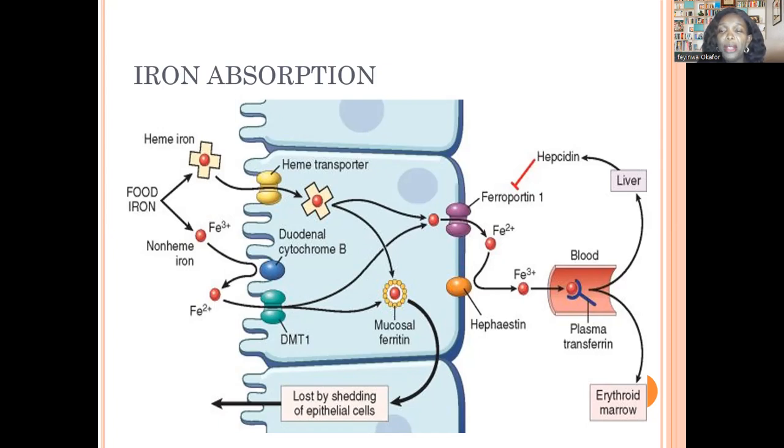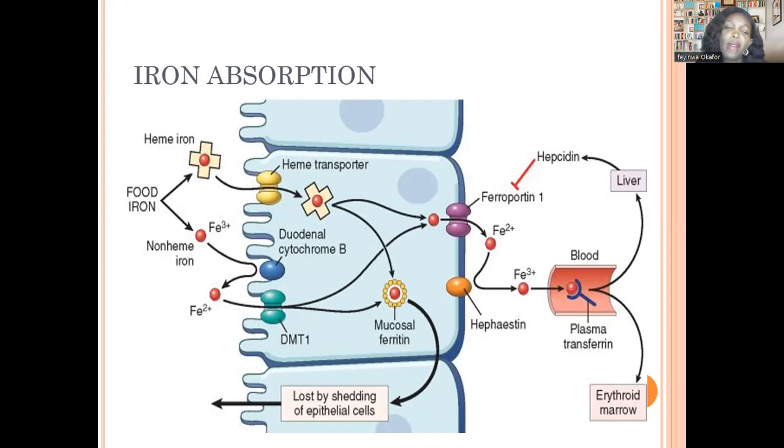Non-heme iron is iron that we get from our meals when we consume food like cereals, vegetables, legumes, grains that are rich in iron. So basically, we have the two forms of iron in our diet, the heme iron and non-heme iron.